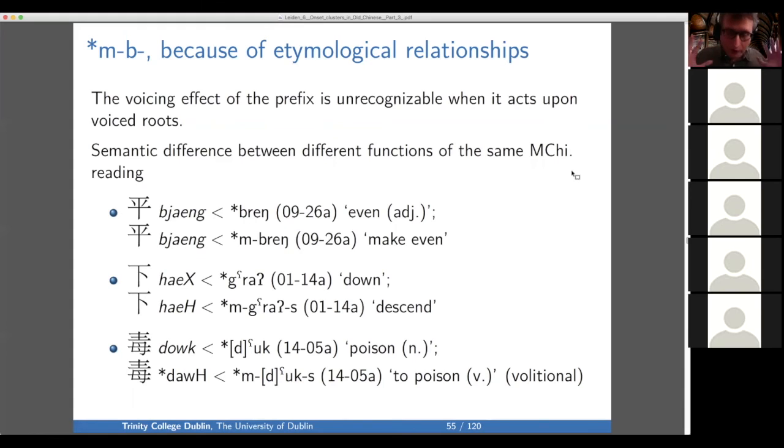You have to be on guard against that as a risk. So just to look at, let's say, the first one, even and make even. The only difference there is volition. Now, in the second one, there are two readings, but that has to do with the tone. There's no reason to posit a different initial.